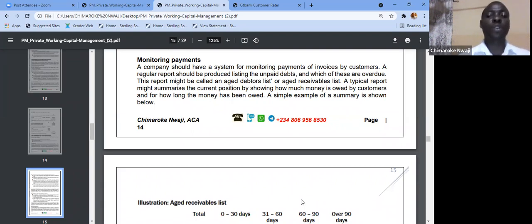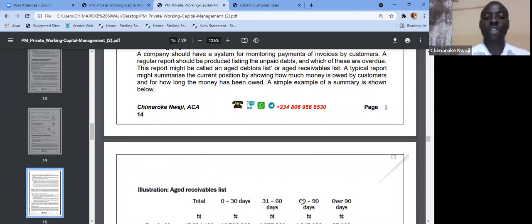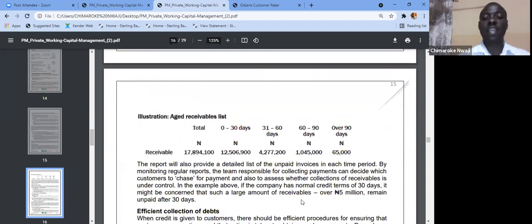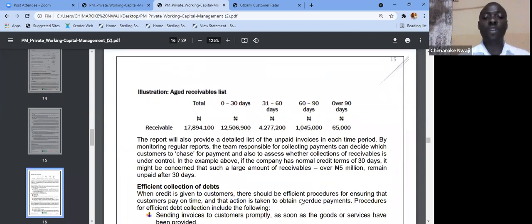So there's something called the debtors list, the age of receivables. By age of receivables, we mean how long has this debt been there? Some people's debt might be 2 months, 3 months, 5 months, even 1 year, and they're not doing anything about it. So you must be monitoring the payment and taking precautions in order to see that your debt has been fully recovered.